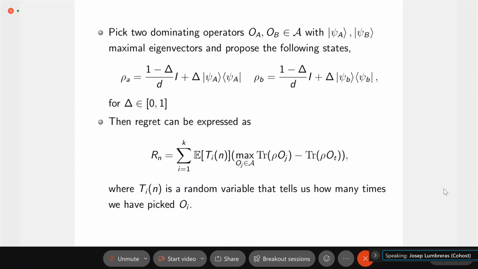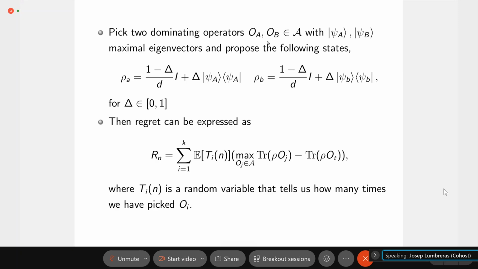So how does the proof work? We need to find environments, so quantum states, that we know that every policy will perform badly on. And we propose two of these quantum states. In the conditions of the theorem there are at least two dominating operators.